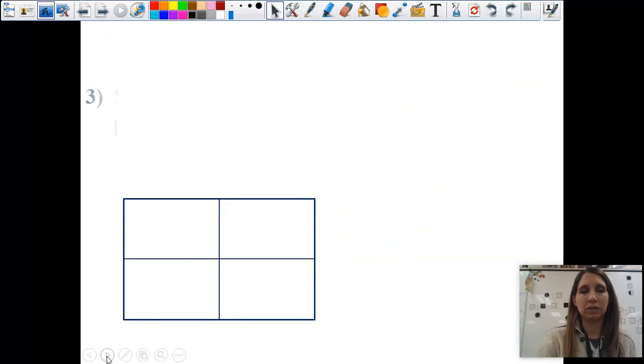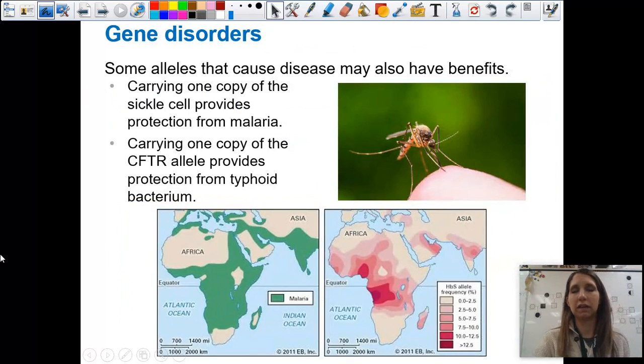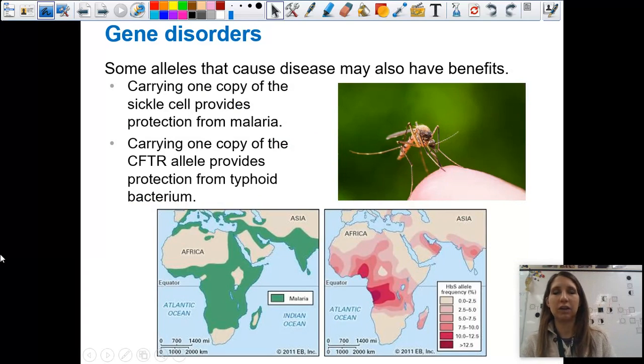When we talk about sickle cell, what's really interesting is that sickle cell allows for some protection of things. There's a reason why it's still around. So sickle cell, although it misshapens and changes your red blood cells in a detrimental way, in a way that makes your red blood cells have more difficulty to try and move oxygen through the bloodstream, it does also help prevent diseases like malaria.